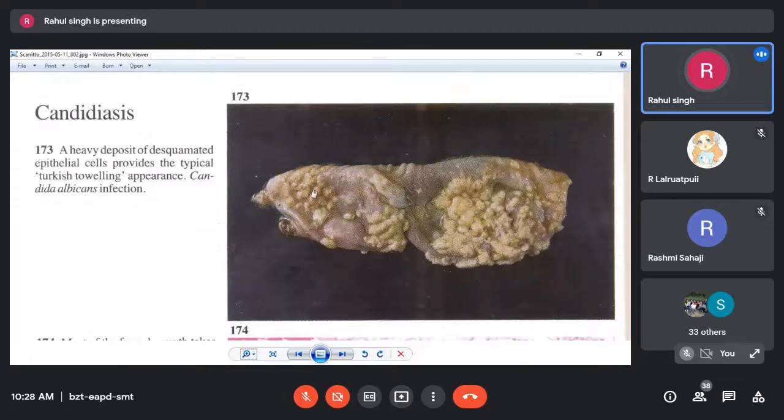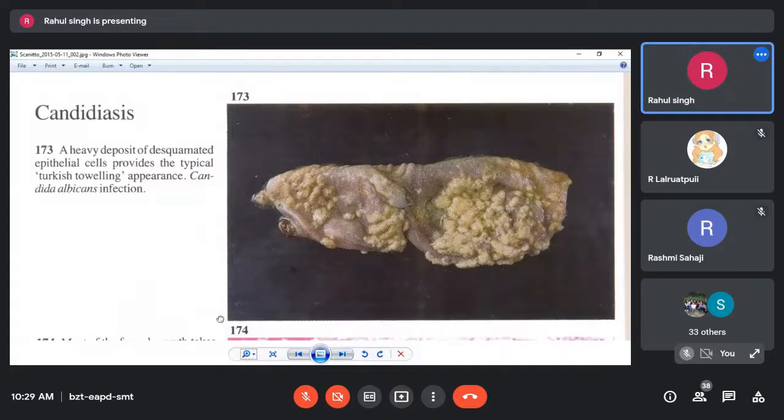This is the crop of the bird, and you get these deposits of fibrino-necrotic material formed on the crop. This gives the typical Turkish towel-like appearance to the crop. And this can be found down in the esophagus also, up to the proventriculus also.